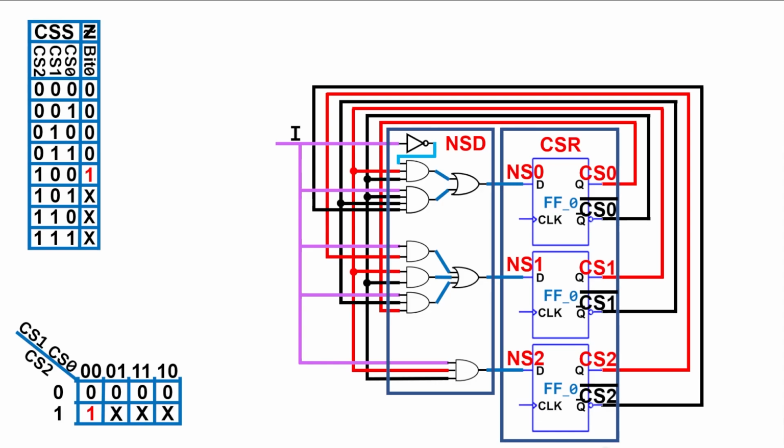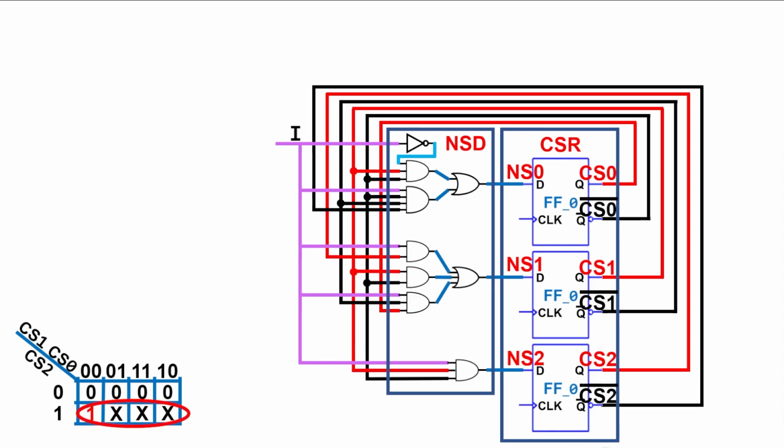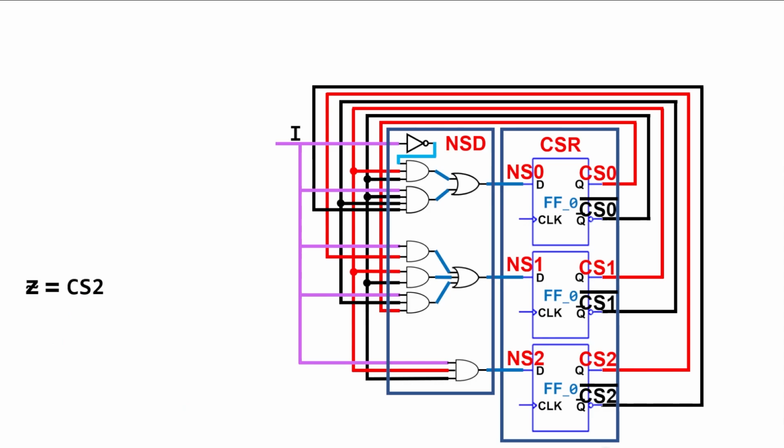If you notice, we can implicate an entire row, which cancels everything at the top. And it also says that CS2 is all we need for output Z. Z equals CS2. So that's pretty easy.